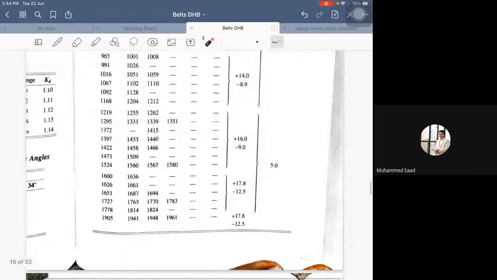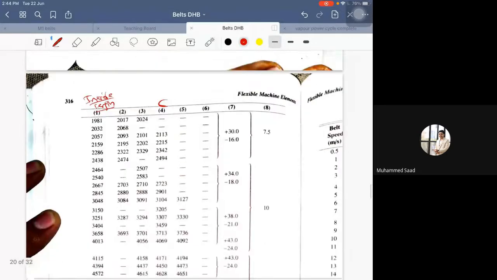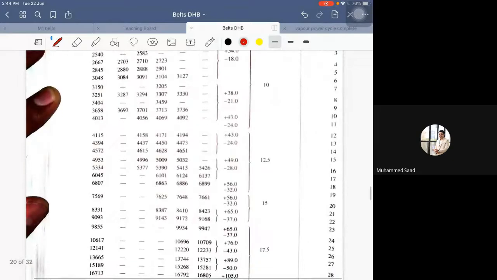Column number 4 is belt type C. Very good. And this is the nominal inside length. The value is 7613. So which is the standard value left?